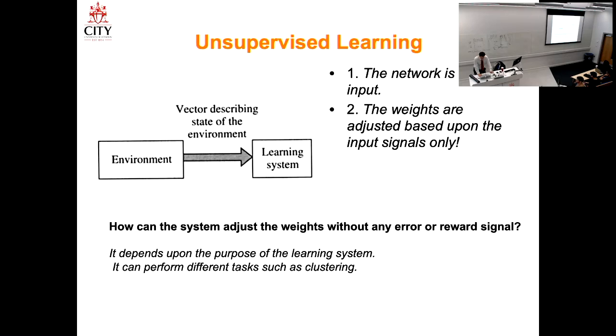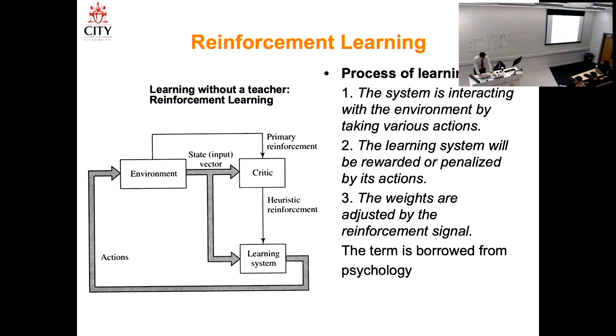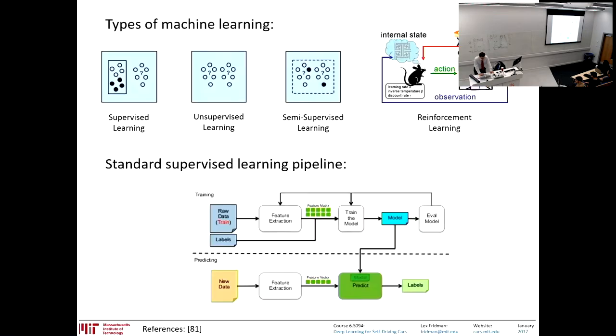This is unsupervised. And the reinforcement is where your agent learns from the actions in the environment. We also have semi-supervised, where you have some labeled pixels and some unlabeled pixels. But we are mainly concerned with these two for the purpose of this course.